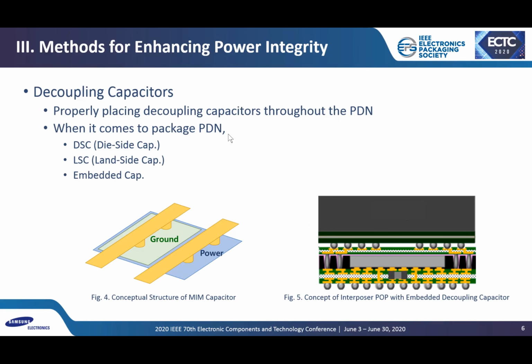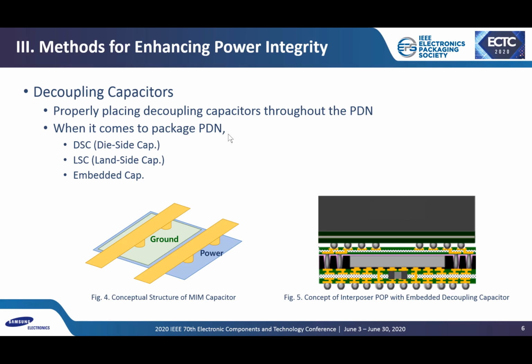In addition to designing the PDN well, one of the most popular methods for designing PDNs with good PI characteristics is to properly place the decoupling capacitors throughout the PDN.